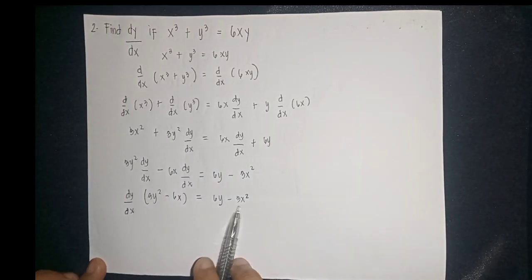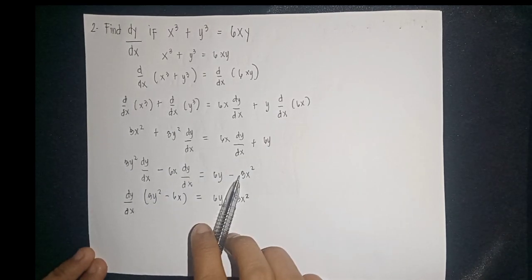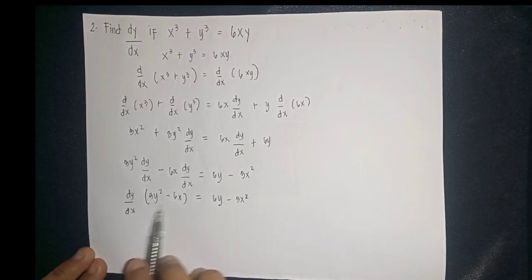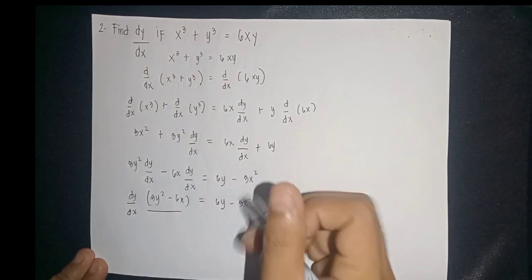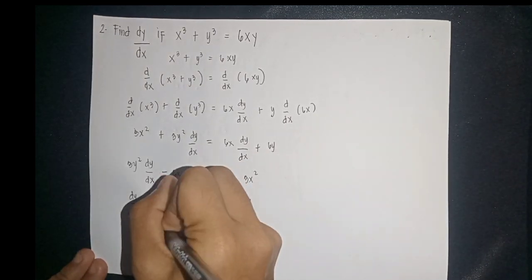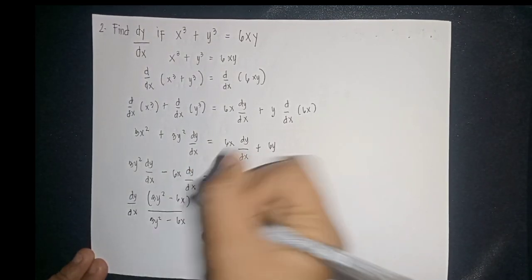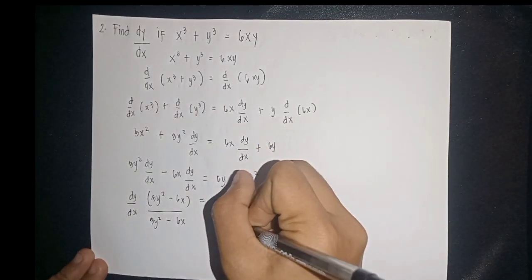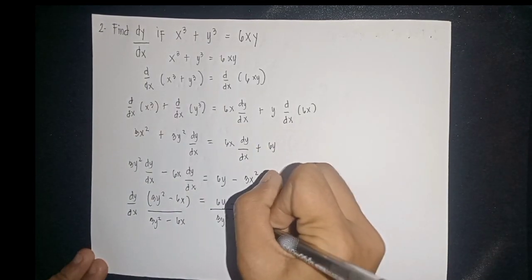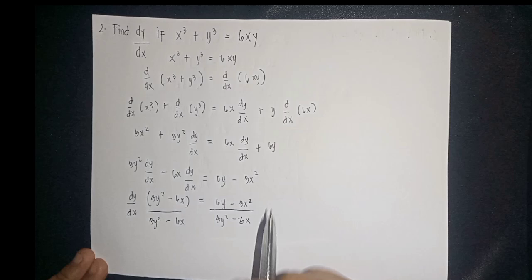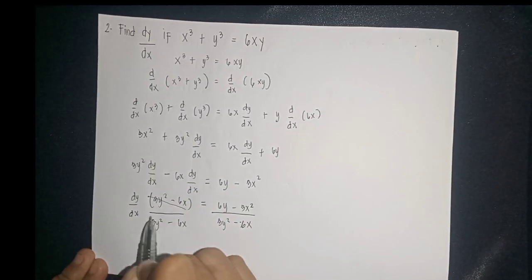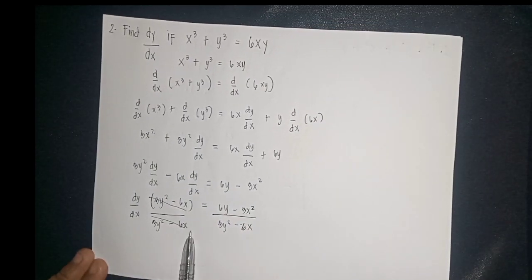Then to cancel out 3y squared minus 6x, we have to divide both the right and the left side by 3y squared minus 6x. So after this we can cancel out the 3y squared minus 6x.